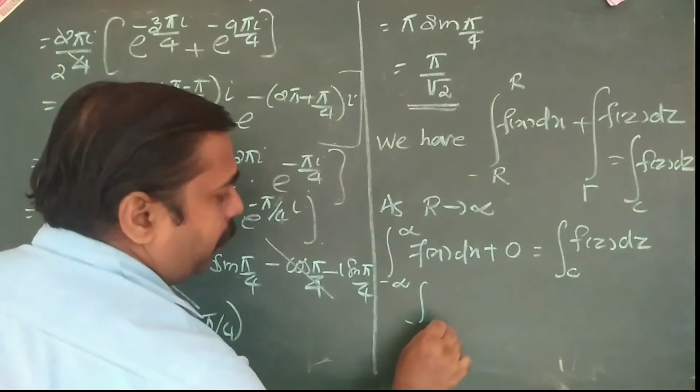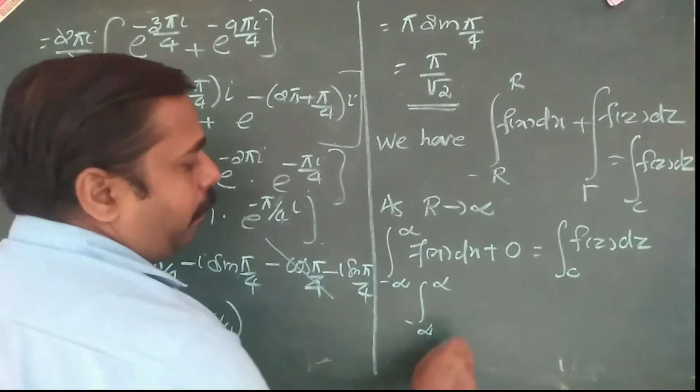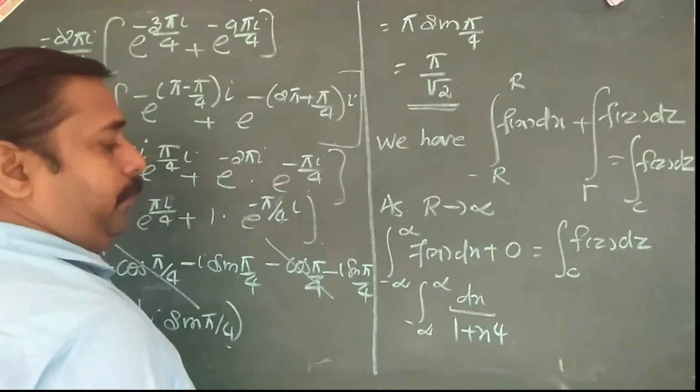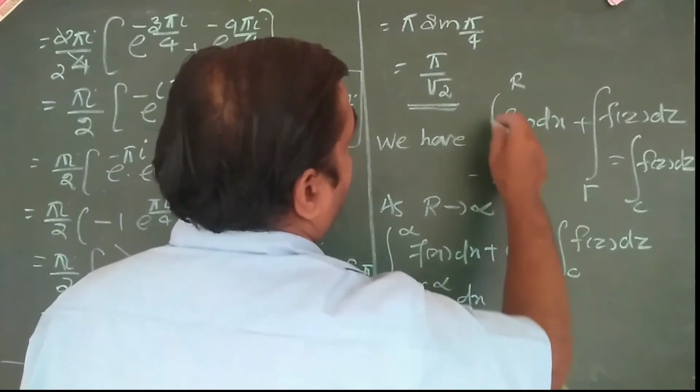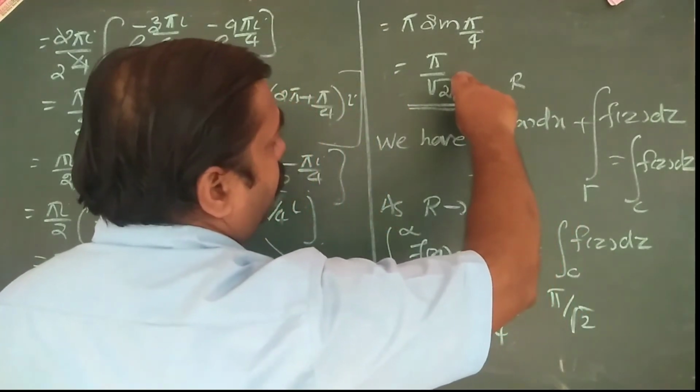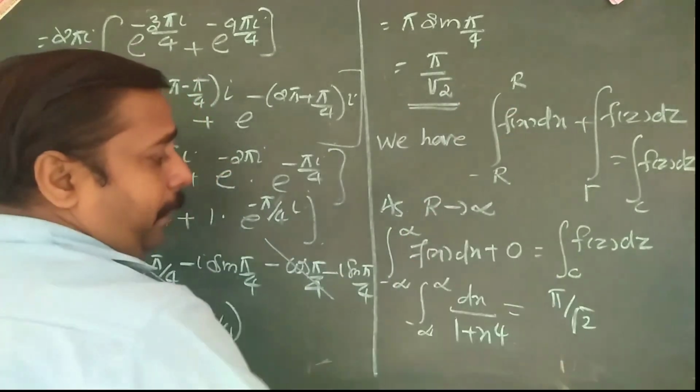Therefore integral minus infinity to infinity dx by 1 plus x raised to 4 is equal to pi by root 2, because this is already found by using Cauchy's residue theorem.